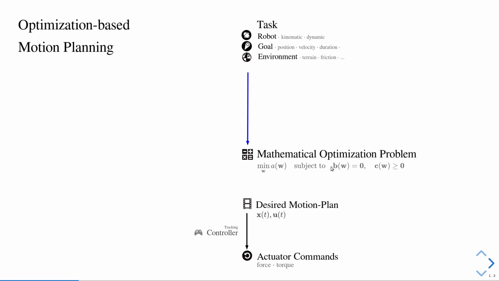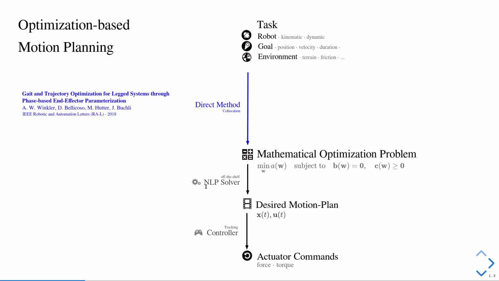So we formulate this task with some equality and inequality constraints, and then there already exists off-the-shelf software, nonlinear programming solvers such as IPOpt and SNOPT, that are specifically designed to solve such a mathematical optimization problem and then produce, by solving that, the desired motion plan. So in a way, we're outsourcing the complexity that we would have in hand designing and keeping all these different connected elements in our head to off-the-shelf software.